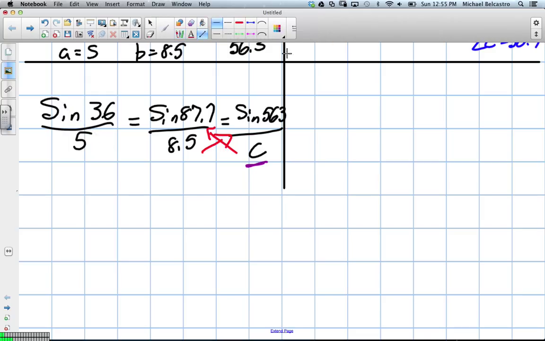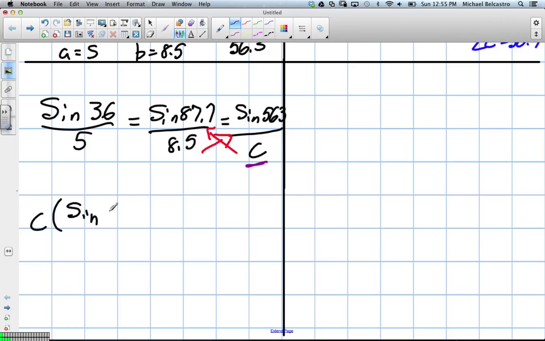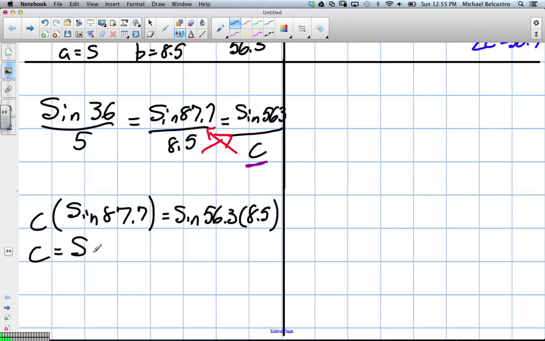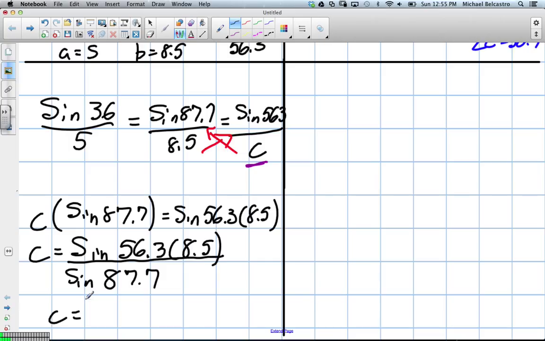So we'll then have C multiplied by sine 87.7 is equal to sine 56.3 times 8.5. And then C is equal to sine 56.3 times 8.5, all divided by sine 87.7. And that'll give us our C value on the one hand.